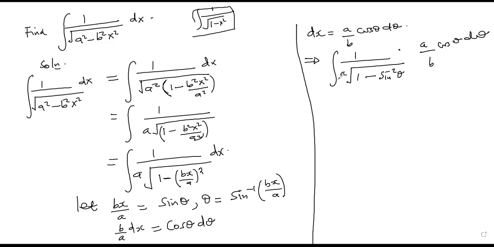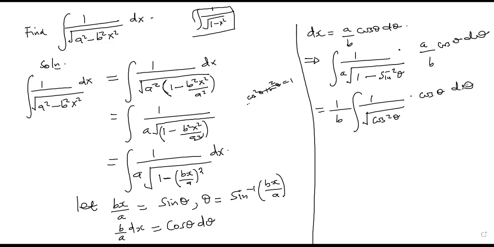The a will cancel with the a, and we can bring 1 over b outside. So it is going to be 1 over b integral of 1 over the square root of 1 minus sine squared theta, which is the same as cos squared theta. That is from cos squared theta plus sine squared theta is equal to 1, so cos squared theta is 1 minus sine squared theta. That's why I'm bringing it here. Then times cos theta d theta.